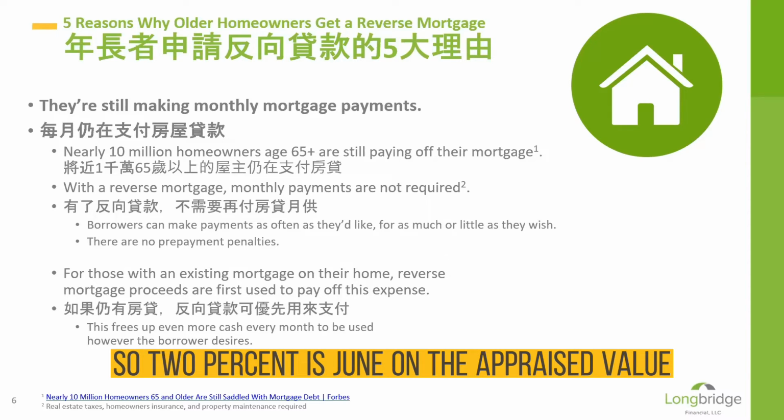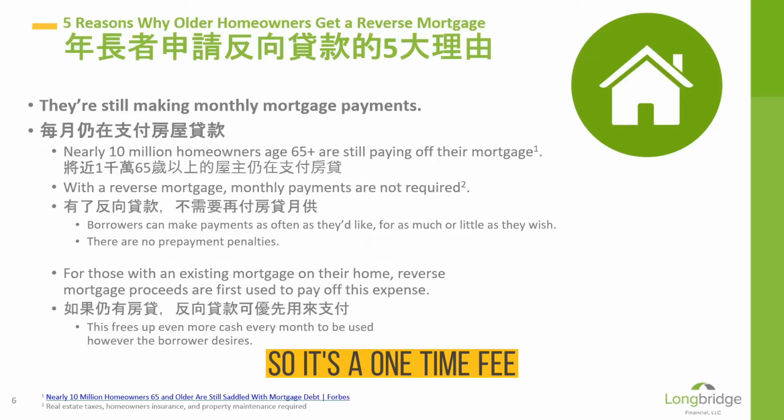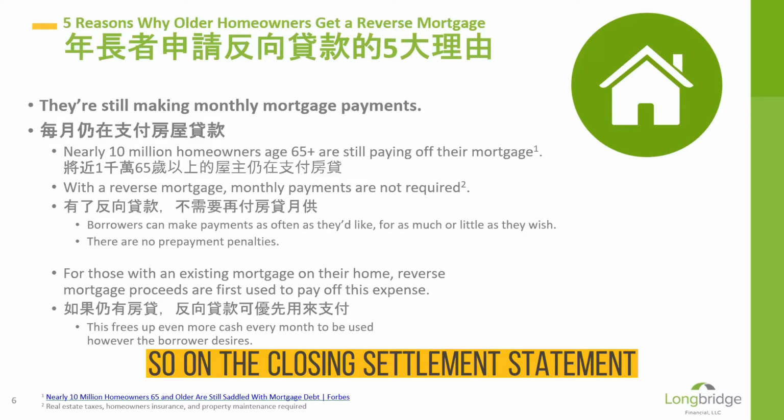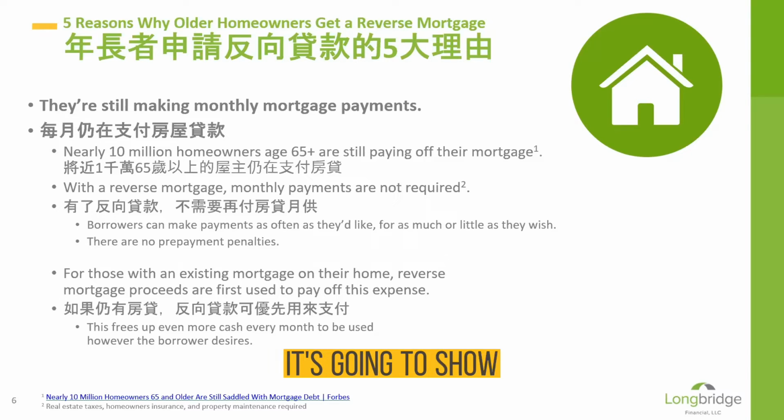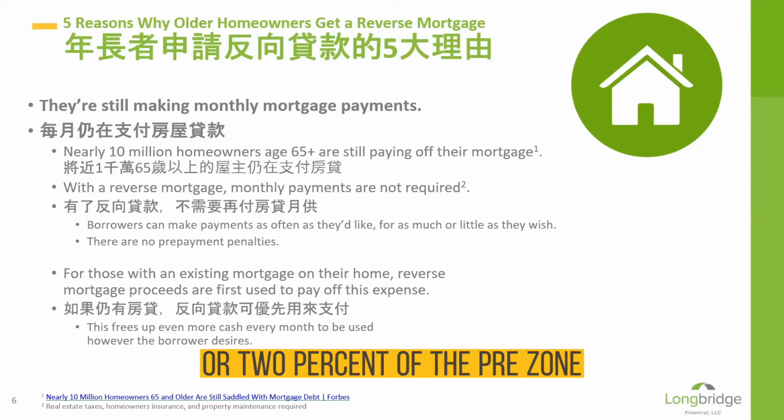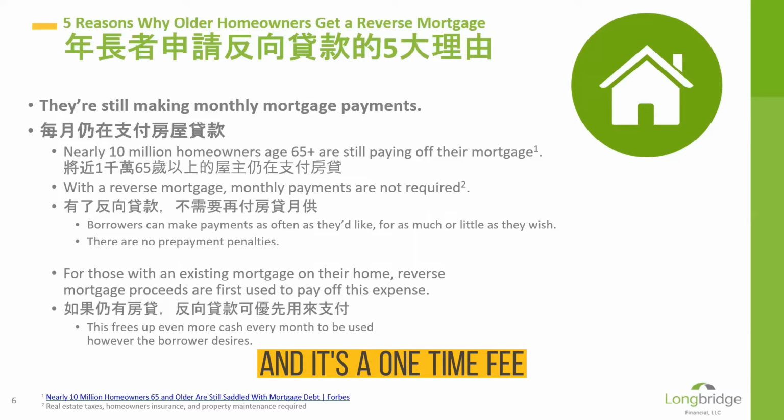So 2% is on the appraised value, and it's a one-time fee. On the closing settlement statement, it's going to show an MIP charge of 2% of the appraised value, and it's a one-time fee.